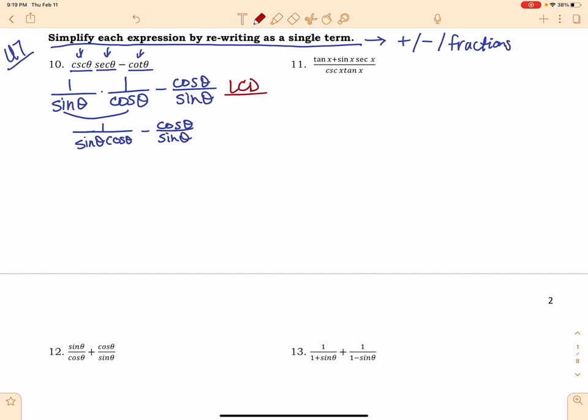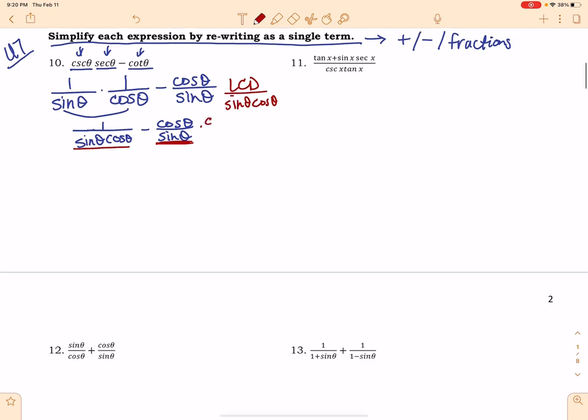Our LCD has to consist of everything in this denominator and everything in this denominator. So we have to have a sine theta and we have to have a cosine theta. So the value in this denominator that's missing is cosine. So I'm going to multiply the numerator and the denominator by cosine theta, because I can multiply anything I want by any form of 1 and it won't change the value.